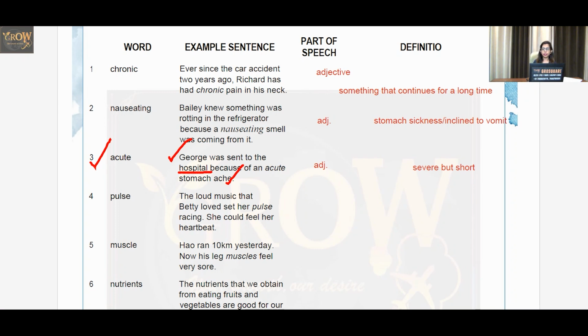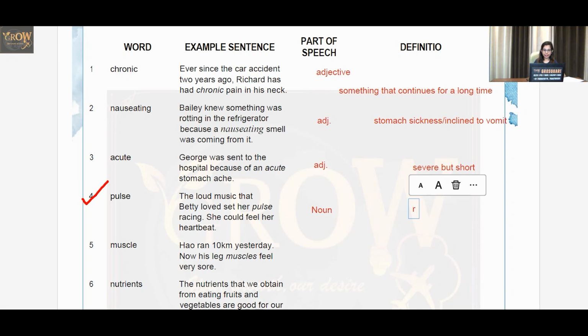Let's move ahead towards the next word, and this is pulse. All right, let's see what pulse is. So this is a noun. Let's write it down. And I hope you know what pulse is. जब डॉक्टर्स हमारा रिस्ट के फ्रंट साइड से चेक करते हैं, ठीक है, so that is what pulse, ठीक है.